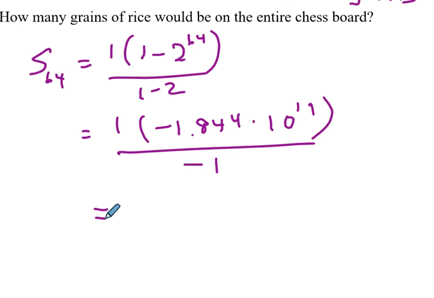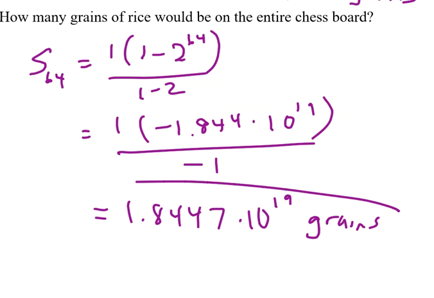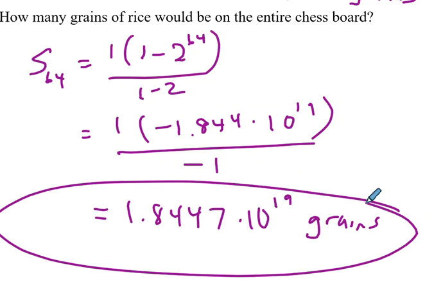So my sum is 1.844, to the 10,000th place, and the last digit rounds it to 1.845 times 10 to the 19th grains of sand. Not sand, of rice. Just a bit.